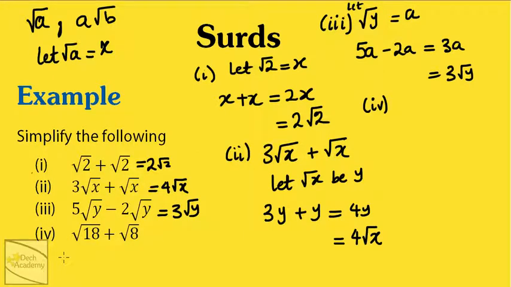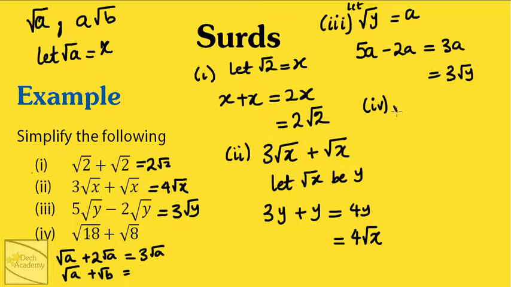So if I have something like, I'll give you an example: the square root of a plus 2 times the square root of a is 3 root a. You can use this algebra approach and you get there. But you have the square root of a plus the square root of b. It's not so easy to solve directly. And that's kind of the situation we have here. In this case, 18 will be a and 8 will be b. So what can we do?